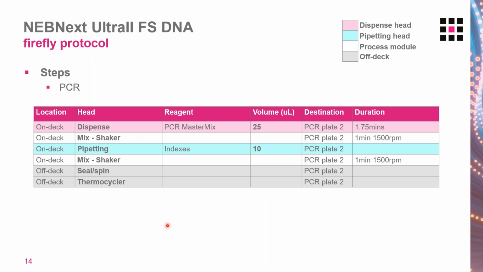What I wanted to point out here is that we are able to successfully perform this index transfer from the foil sealed kitted index plate. Sometimes with automation, you get the index plate being picked up by the pipetting head. What we found was that if we sufficiently pierce the foil seals, we don't see any such problems.